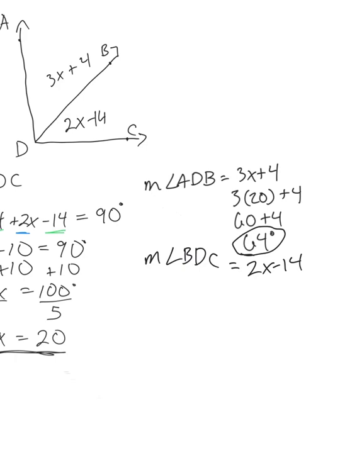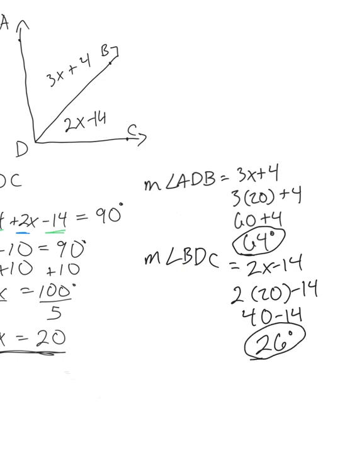I'm going to plug in my 20. 2 times 20 is 40, minus 14 is 26. And this makes sense, right? If you add 64 plus 26, that makes 90 degrees. And they would be complementary. And that is complementary and supplementary in a nutshell.